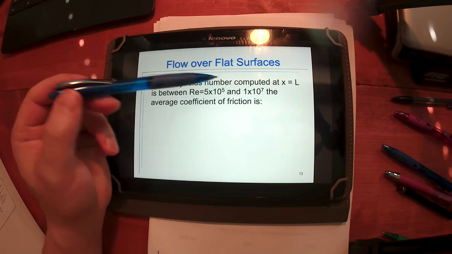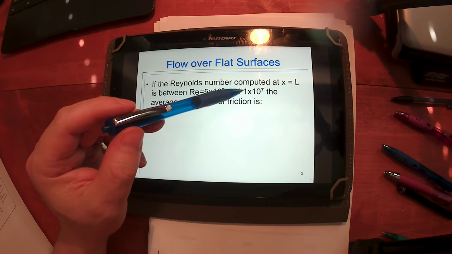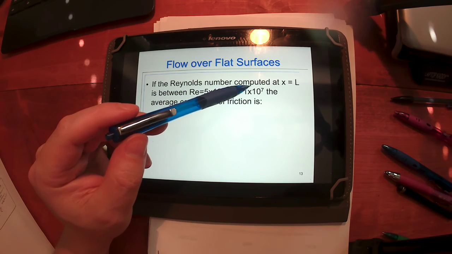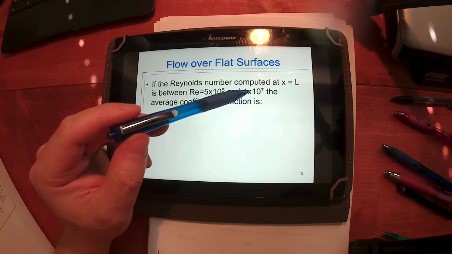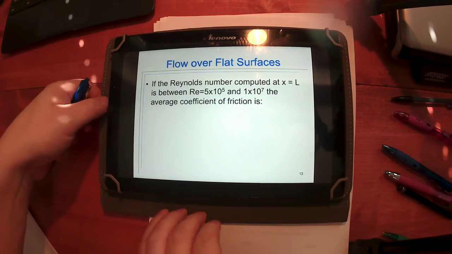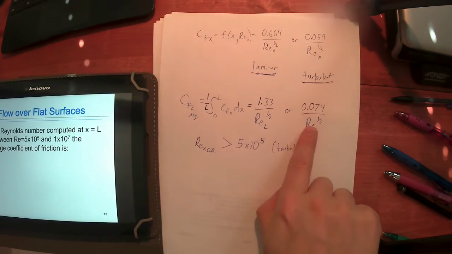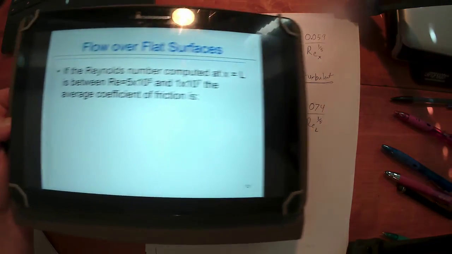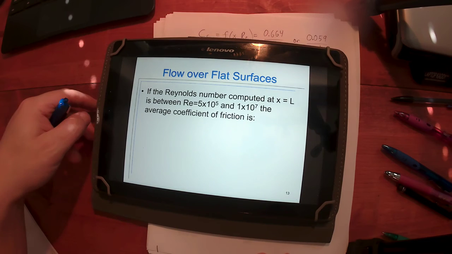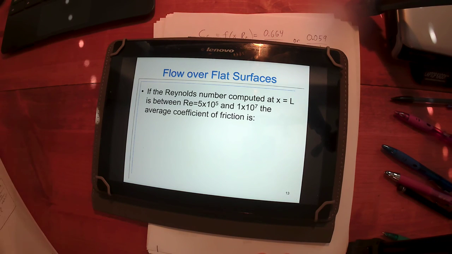So that's what this text recommends. If you get 10 million Reynolds number at the end of the plate, assume the entire plate's turbulent, and use this expression here to find the average coefficient of friction for the entire length. That'll be fine. And then just plug that into your drag force equation, and we move on.